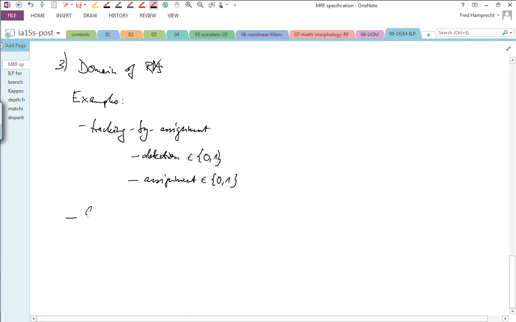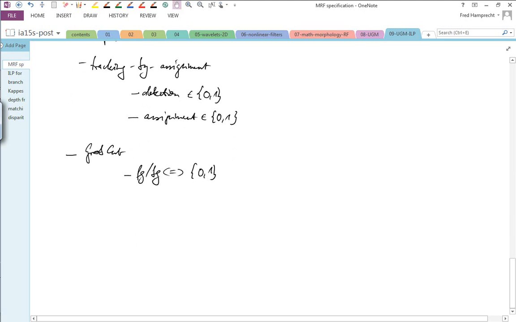Then I mentioned the GrabCut algorithm for interactive segmentation. Here we have foreground and background, so this can be encoded as 0, 1.